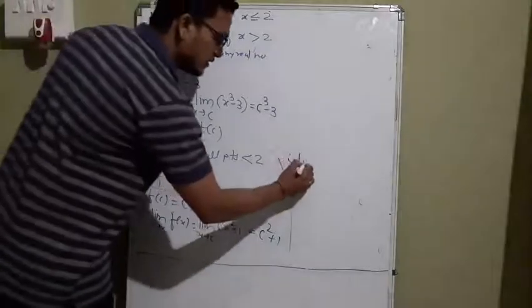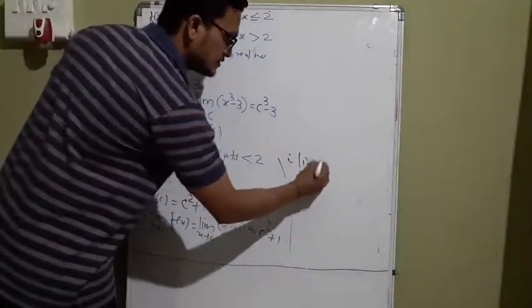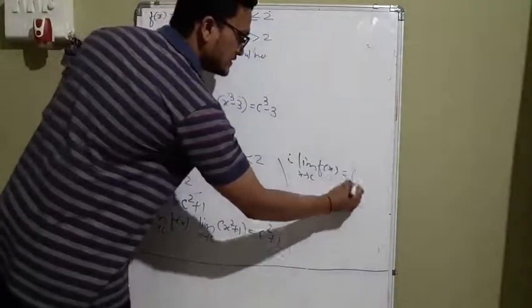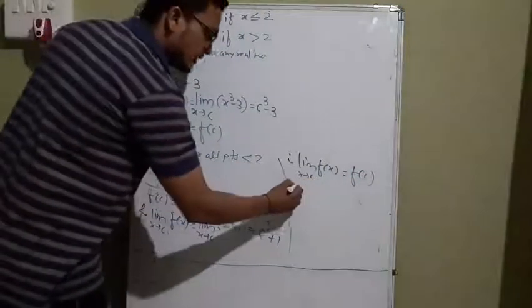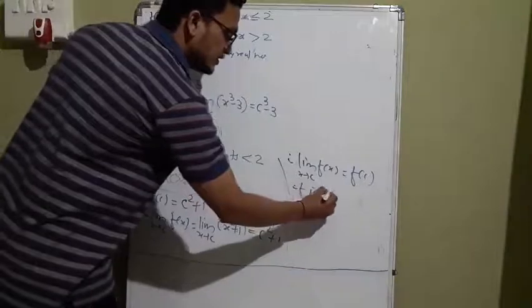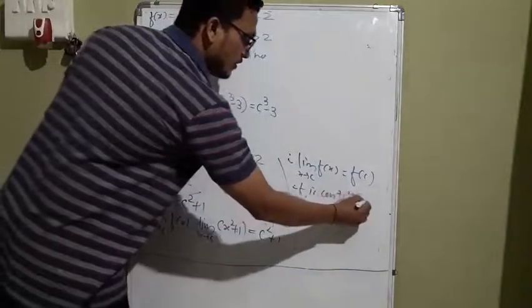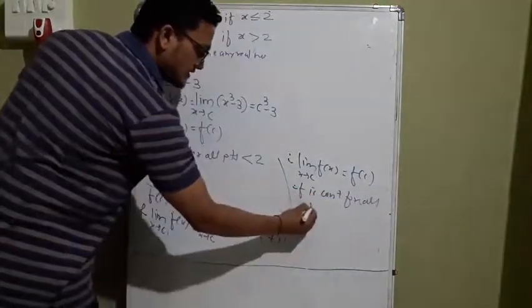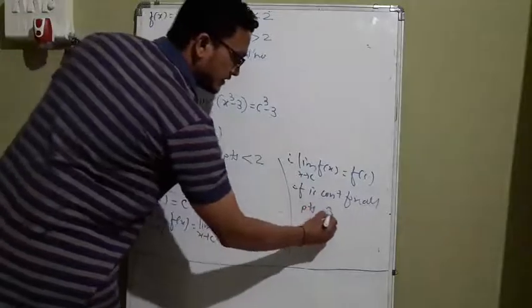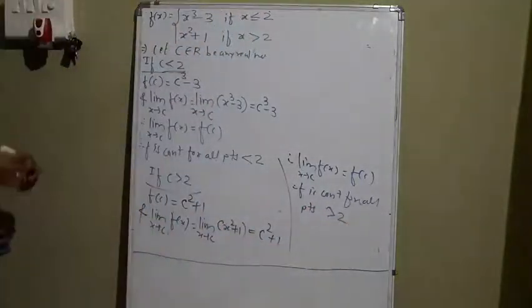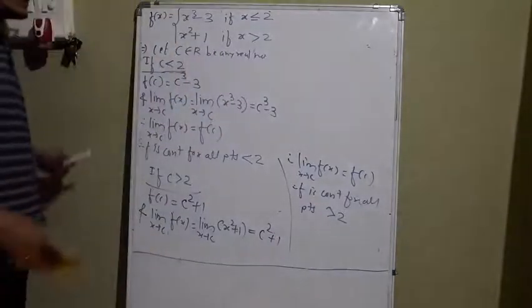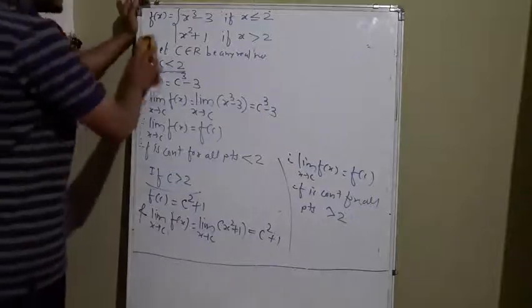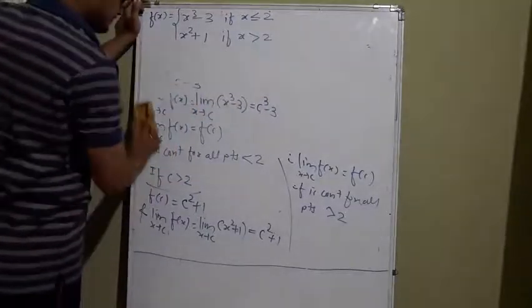So limit x tends to c, f of x is equal to f of c. If it is equal, then what? f is continuous for all points greater than 2. This is the second condition. Now we will check the third condition. For that I will rub this first part.